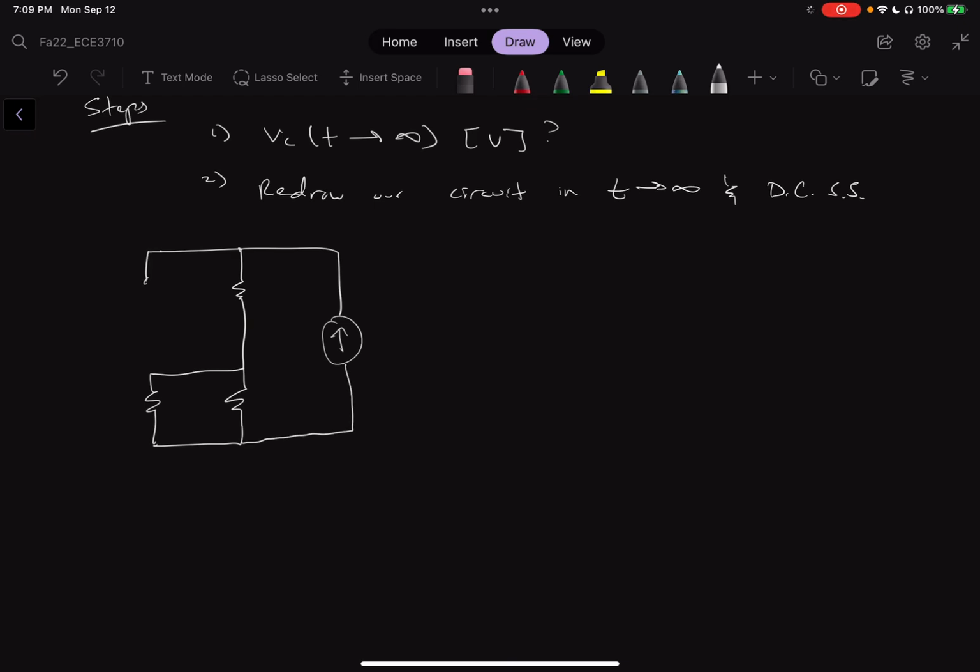Now we have plus minus VC of t approaching infinity, R1, R2, R3. And how do we go about this?